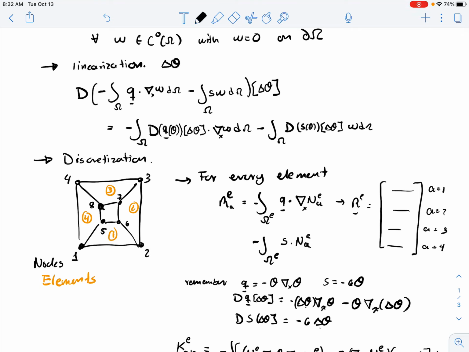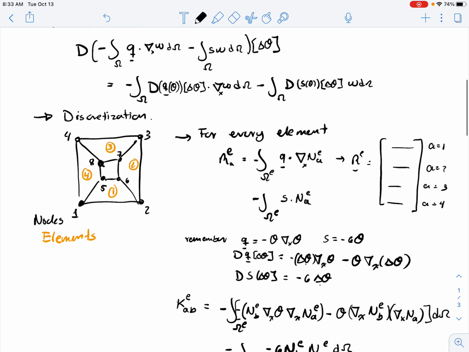Now this might be nonlinear, so you want to solve it with Newton-Raphson iterations, and you need to linearize q and s, right? So here I have the linearization of q and s in the direction of some increment. And again, similar to the weighting functions, when you introduce the fact that the increment is the sum of shape functions times the nodal increment values, and you take those out of the integral, you end up with just the shape functions.